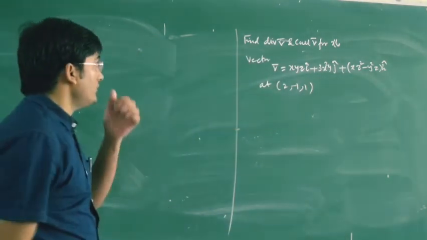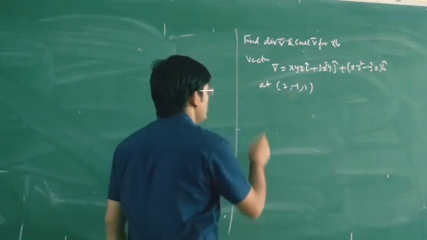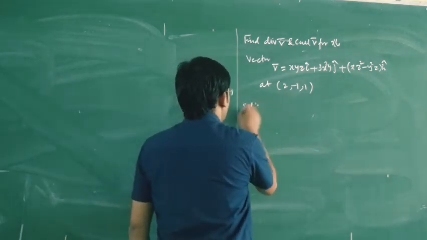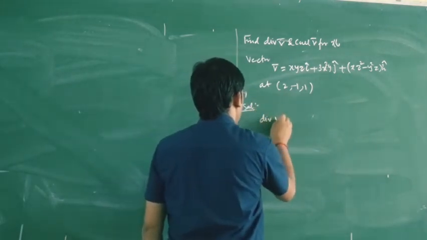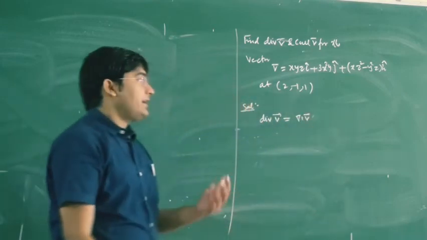So let us find the value of divergence V and curl V for this vector at the point (2, -1, 1). Solution: divergence V is equal to del dot V, and V has 3 components.